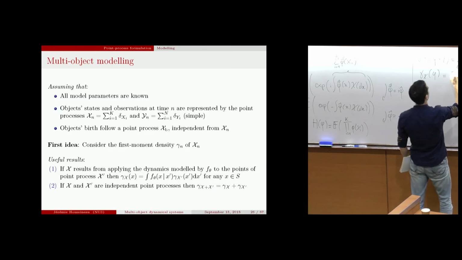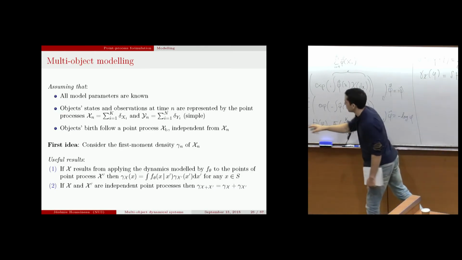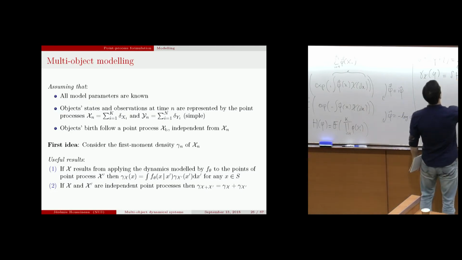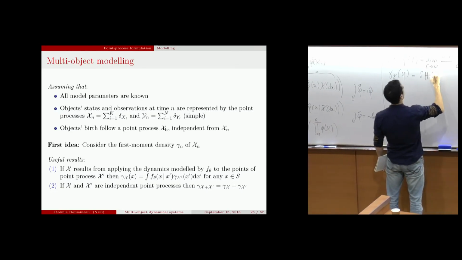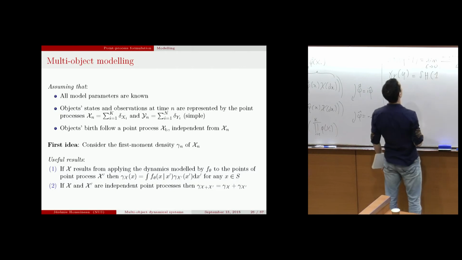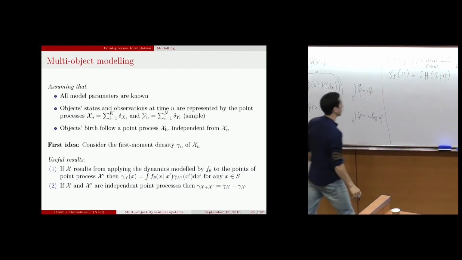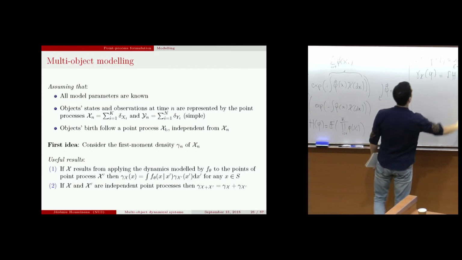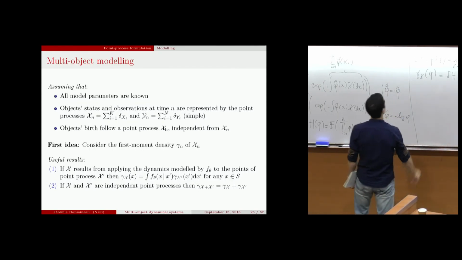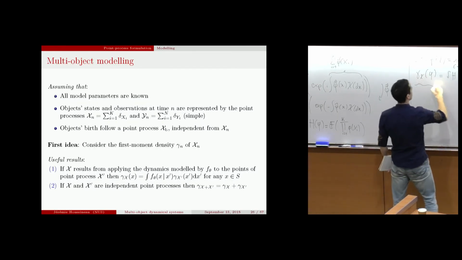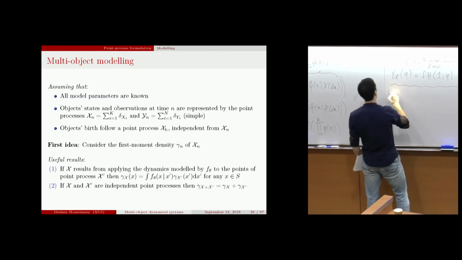I just need to differentiate my PGFL, otherwise it's too long, evaluate at the function that's 1 everywhere, and in the direction of phi. That's easy enough.